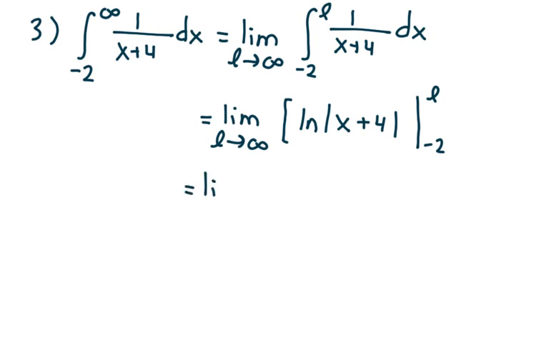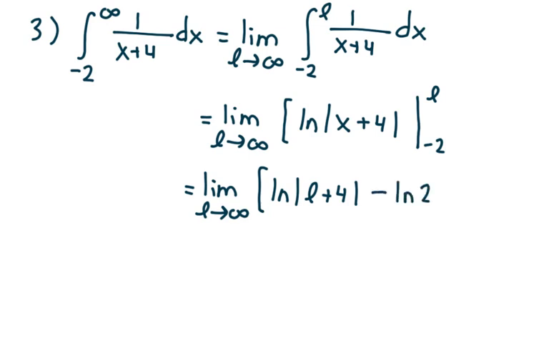Now, let's go ahead and evaluate this. So we get the limit as L goes to infinity of, when I replace x with L, I get natural log of the absolute value of L plus 4. When I replace x with -2, I get natural log of 2.